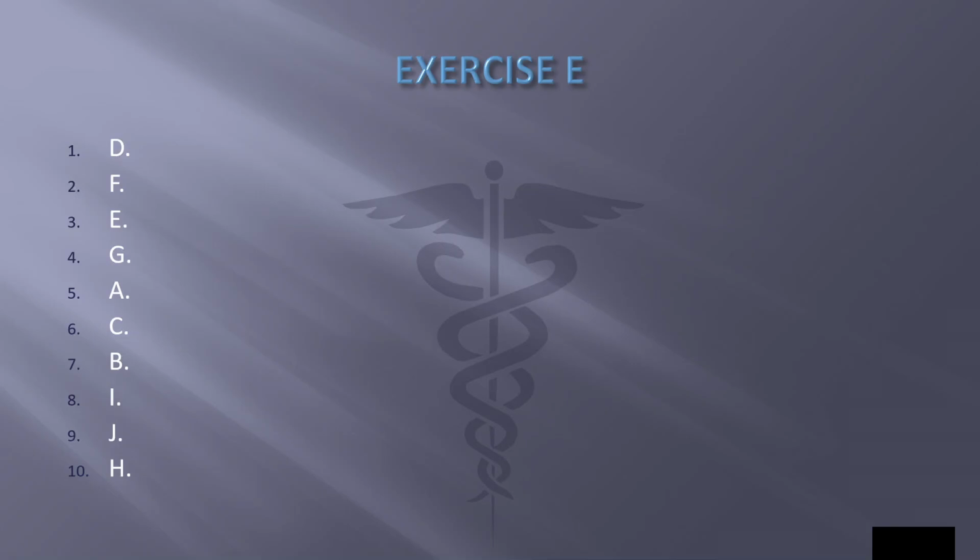Irritable bowel syndrome is letter I. Signs and symptoms of GI distress, but no lesions found in the GI tract. 9. Hepatocellular carcinoma is letter J. Primary cancer of the liver. And number 10, gastroesophageal reflux disease is letter H. Contents of the stomach flow backwards into the esophagus.